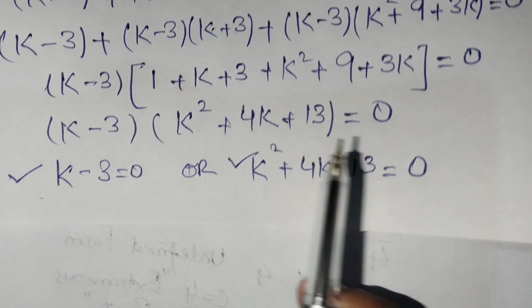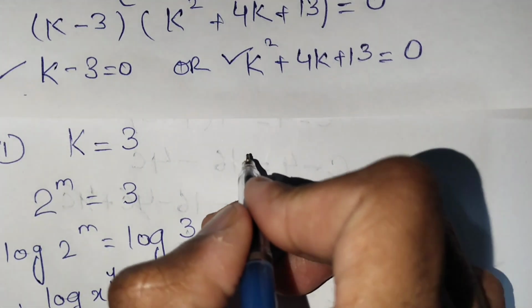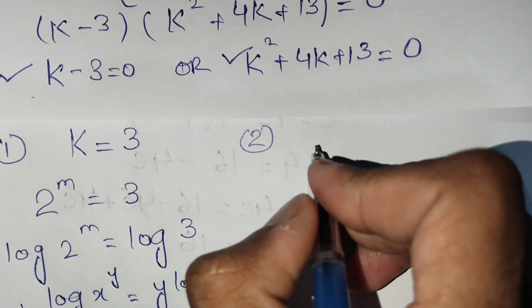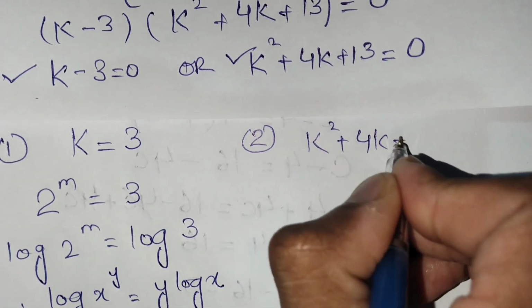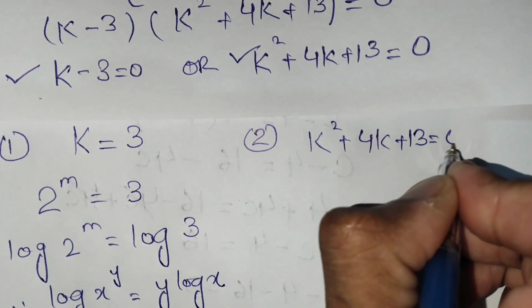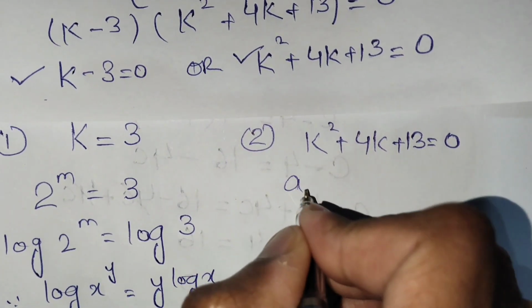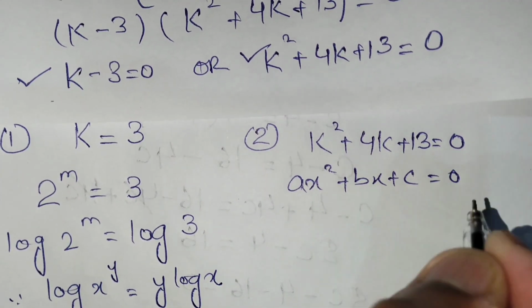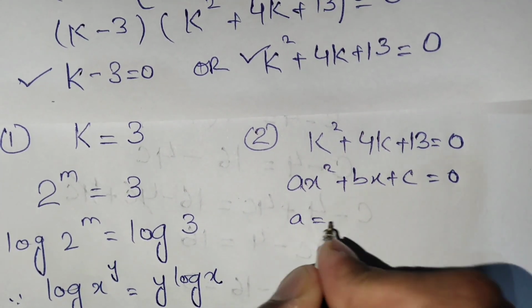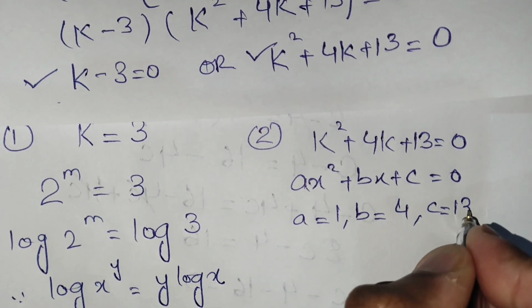Now we will solve this quadratic equation, that is k square plus 4k plus 13 is equal to 0. So it is ax square plus bx plus c equal to 0. By comparing, we get a equal to 1, b equals 4, c equals 13.